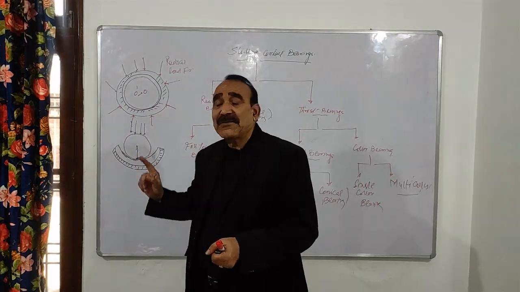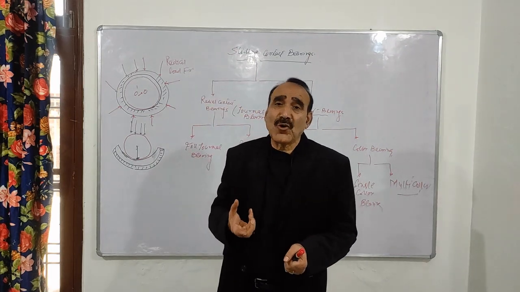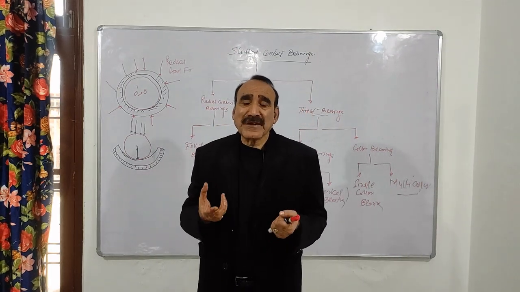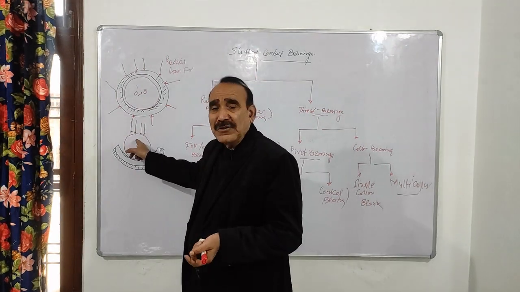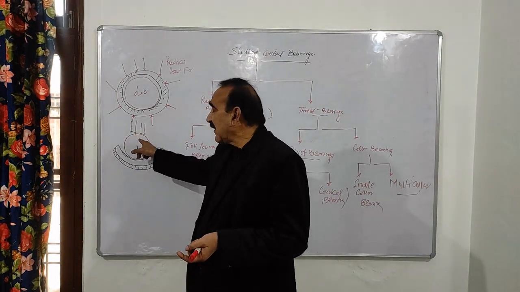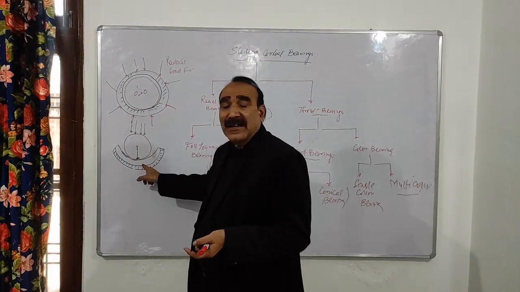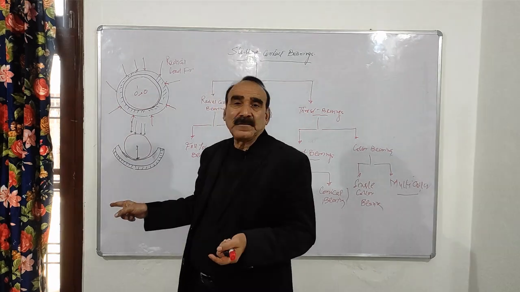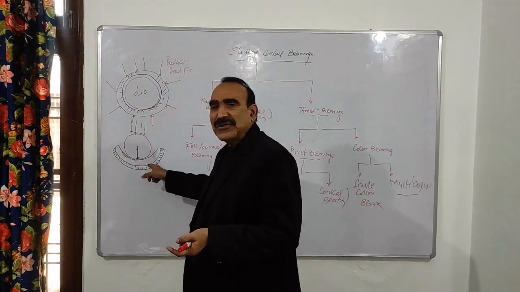And in case of this axle, because axle simply has to support the load of the vehicle or the load of the wheel, so only the radial force which is acting directly in the downward direction, in the vertical direction, only in one direction. So in this case we need the partial journal bearing.